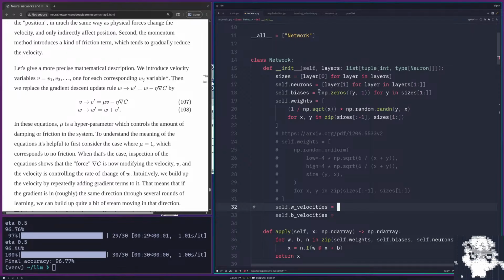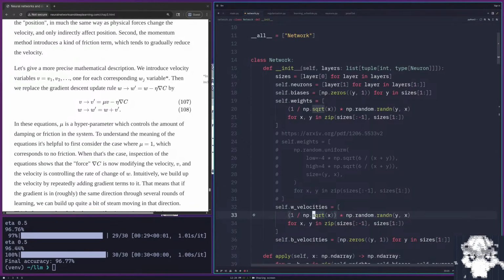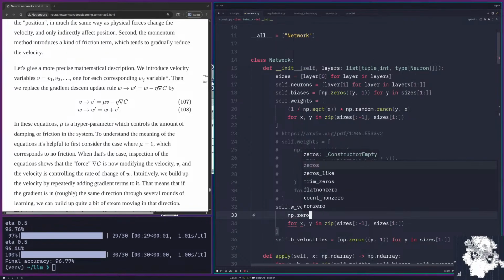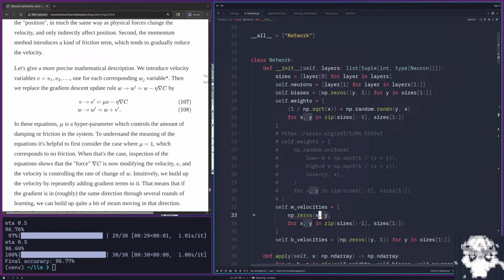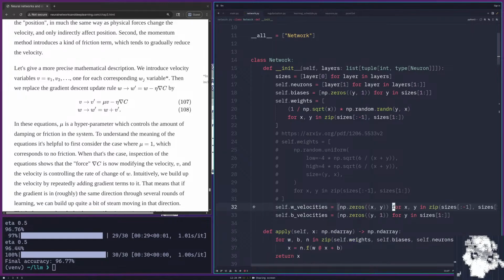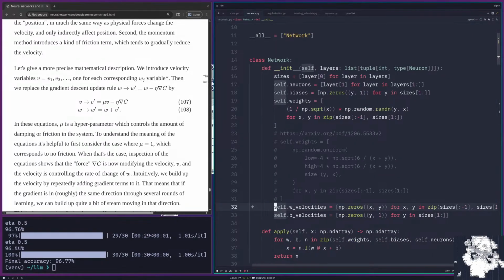So it looks like this for biases. And for weights, it'll be like this, except zeros, because this should be basically np dot zeros xy. Do you have to put that in like that? Okay, so there's my W and B velocities.